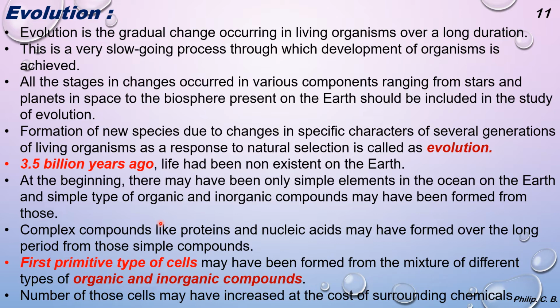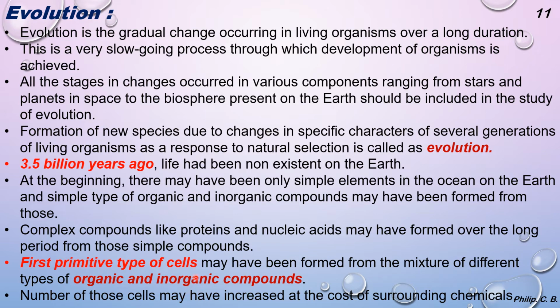These species might have evolved. So complex compounds like proteins and nucleic acids may have formed over a long period of time from those simple compounds. As we say simple compounds, they may have hydrogen and carbon compounds. So slowly and steadily they join to form simple compounds or complex elements like proteins and nucleic acids.